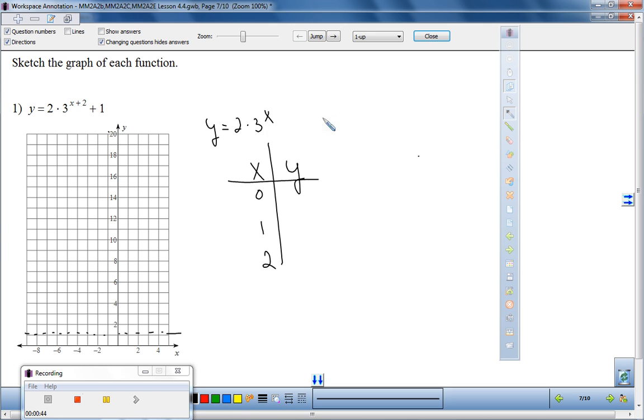So if I plug in 0, I end up with y is equal to 2 times 1, or just 2. Now if I plug in 1, I get 2 times 3, so I get 6. And then if I plug in 2, I get 3 squared, which is 9. 2 times 9, so I end up with 18.